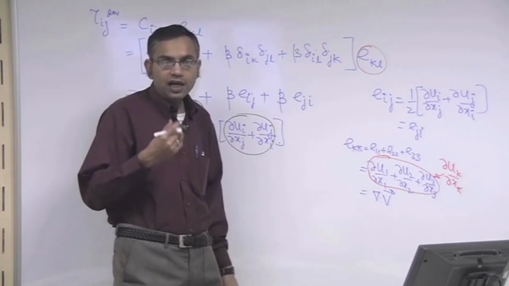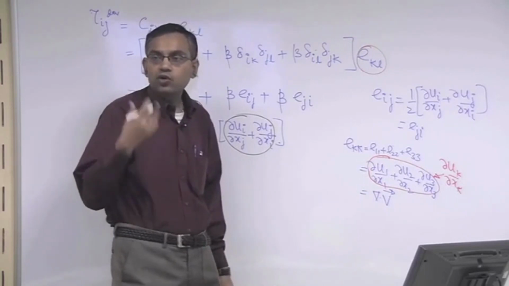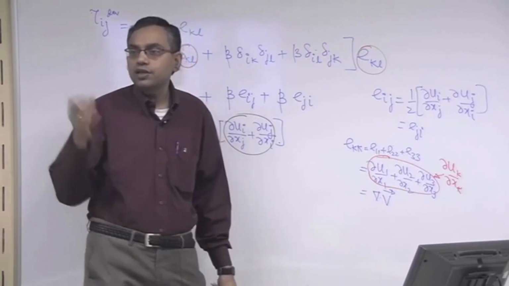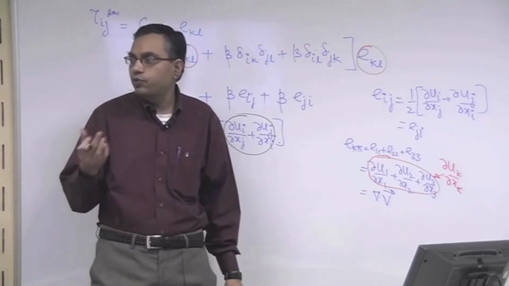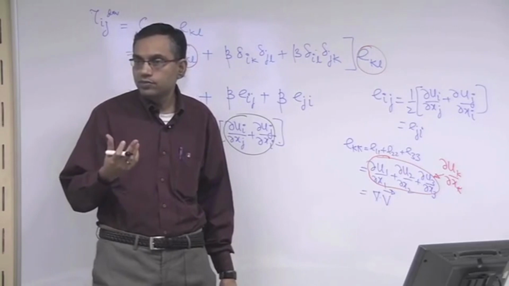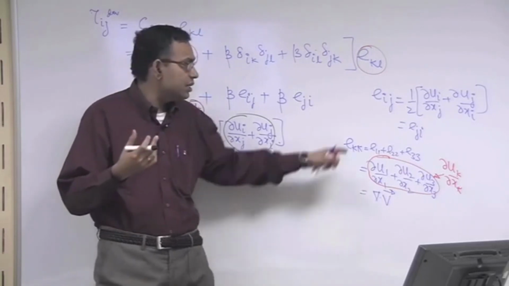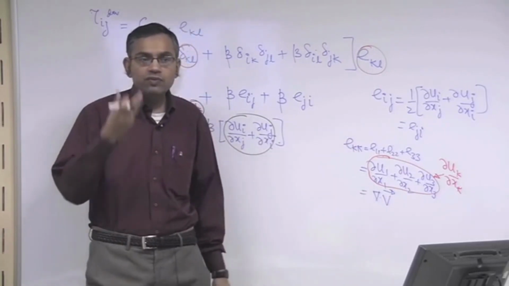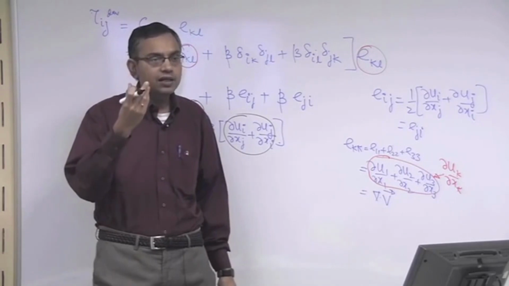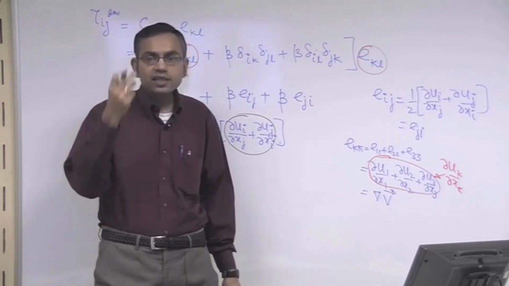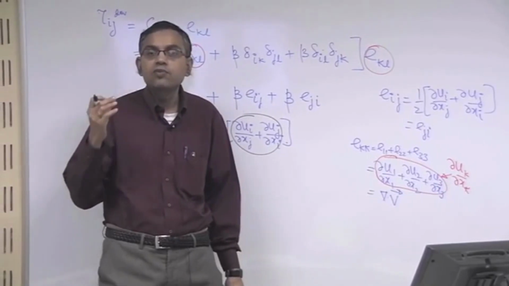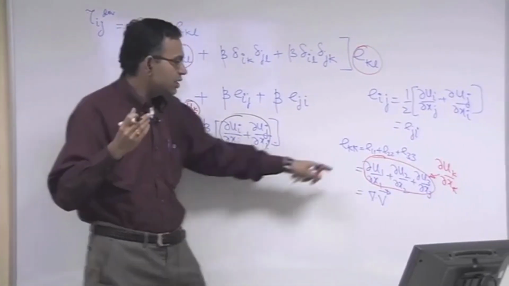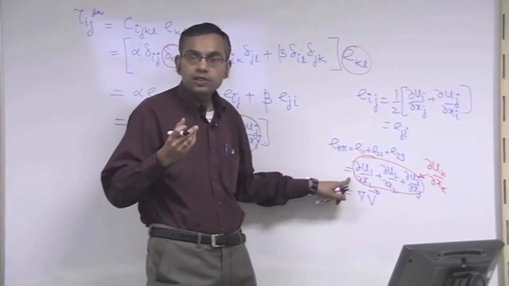So, what is the rate of change of volume of a fluid element per unit volume? That volumetric strain rate is represented by this. If a fluid element does not change its volume, then such a flow is called incompressible flow. So, this term is 0 for incompressible flow.